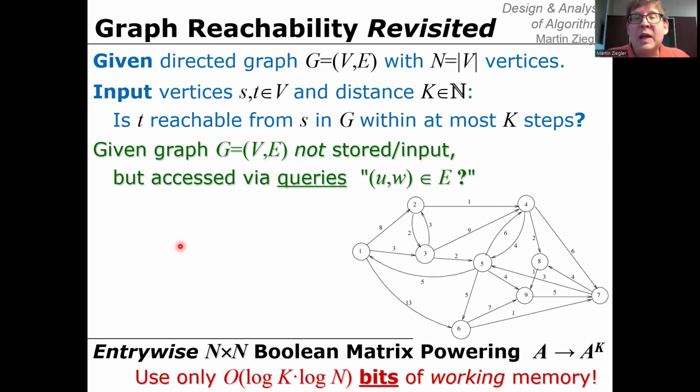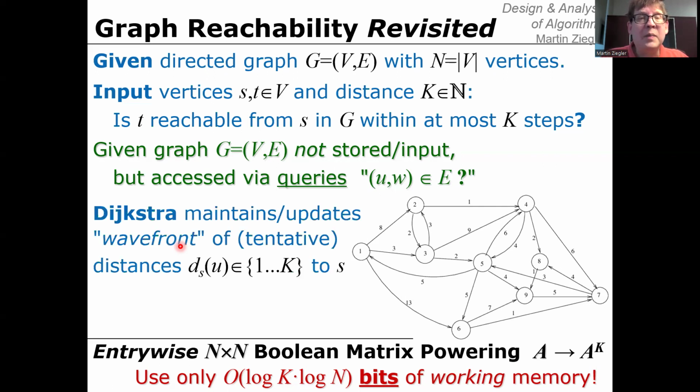Now let's recall a classical standard algorithm for solving graph reachability, and this algorithm is of course Dijkstra. We can call Dijkstra a kind of wavefront algorithm. It starts with a source vertex. The source vertex is reachable within 0 steps.